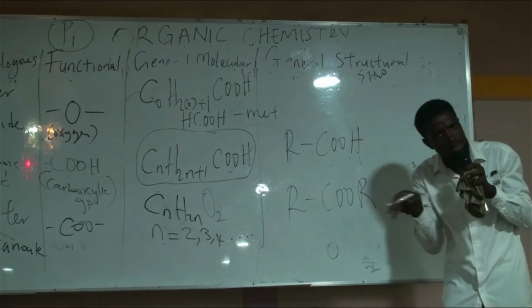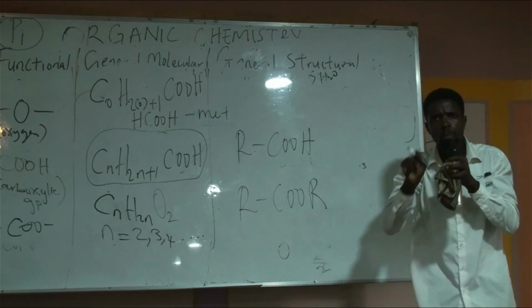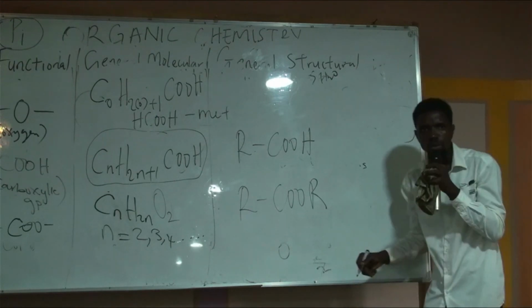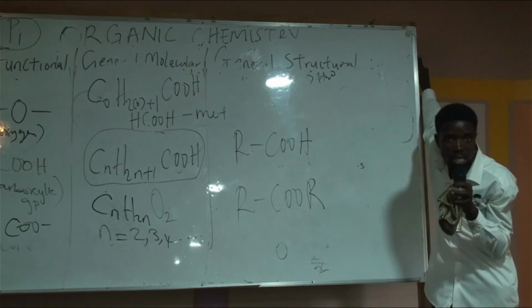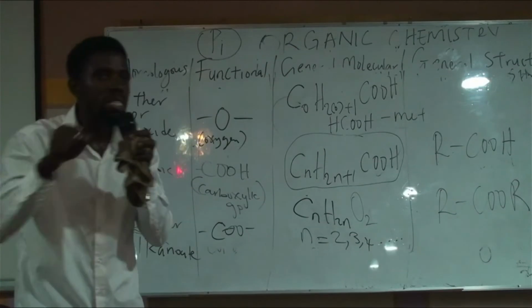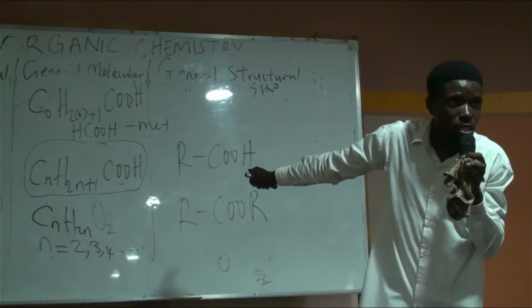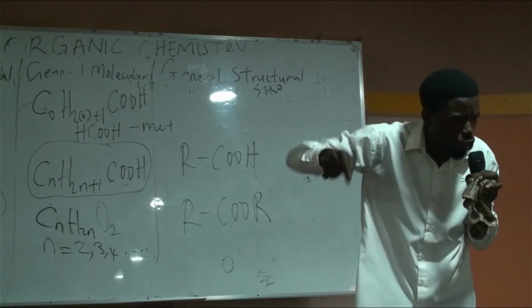So listen. Slightly, I'm going to shift a little bit out of organic and ask a question. Number 16. What is the basicity of ethanoic acid? Why? The only replaceable hydrogen in the organic acids are the ones associated with the carboxylic group.